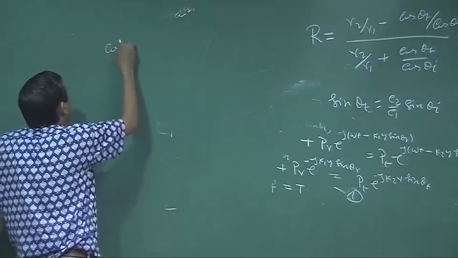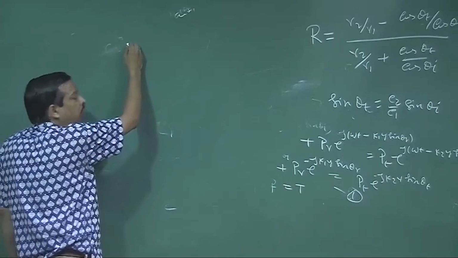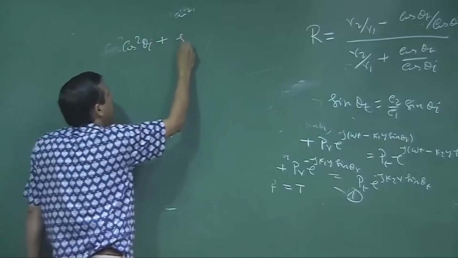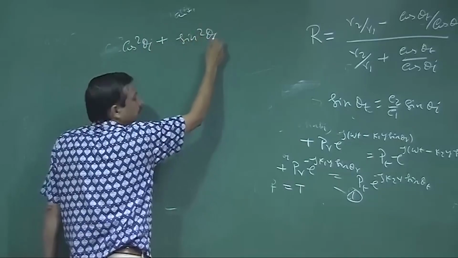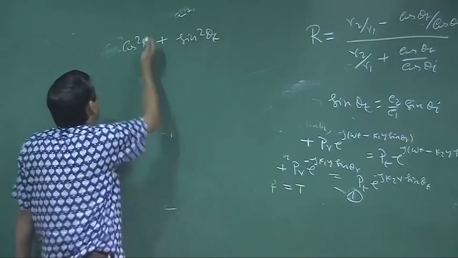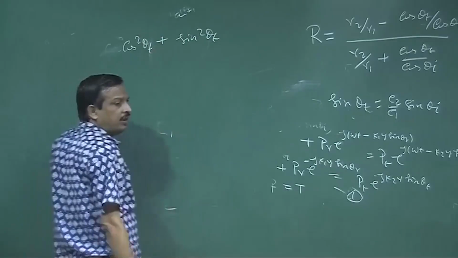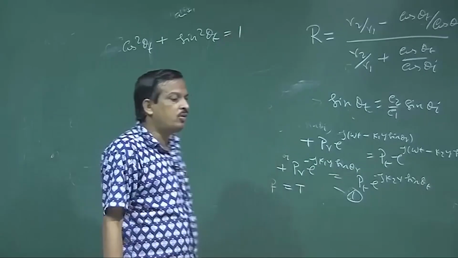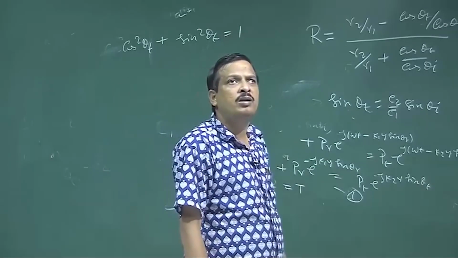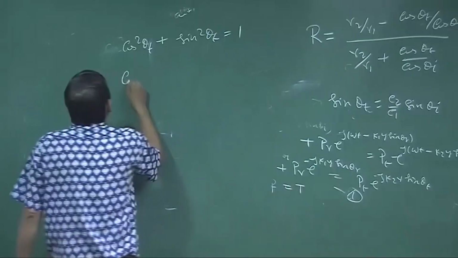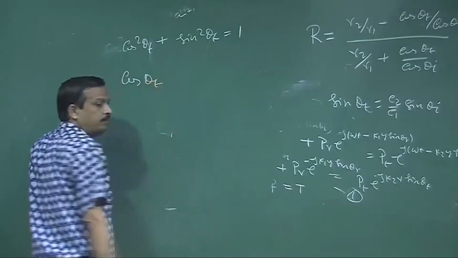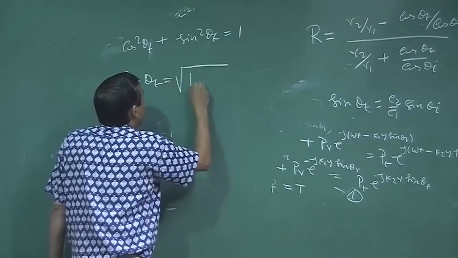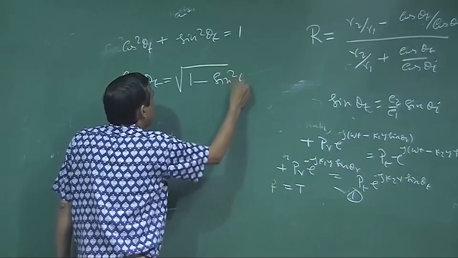We can say cos square theta t plus sin square theta t is equal to cos square theta I plus sin square theta I, which is equal to 1. So, I can say cos theta t is nothing but root over of 1 minus sin square theta t.